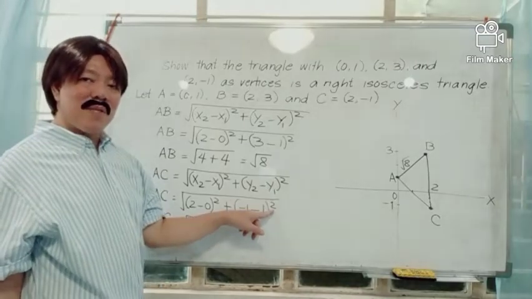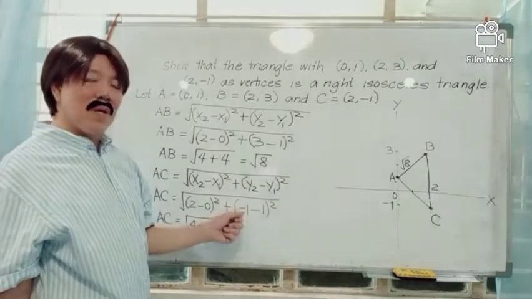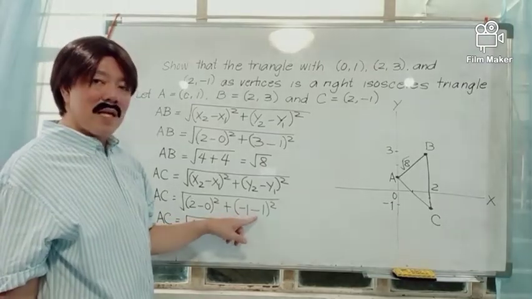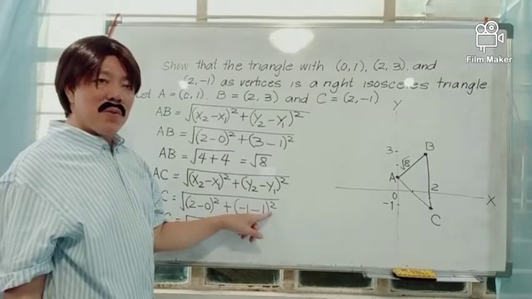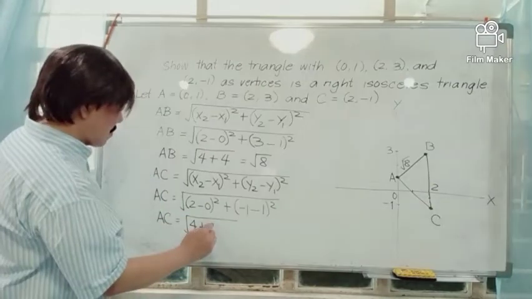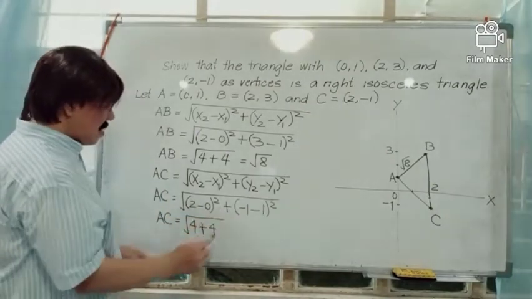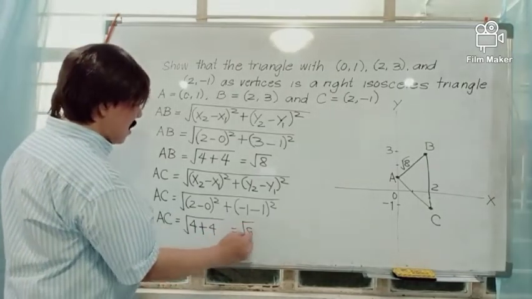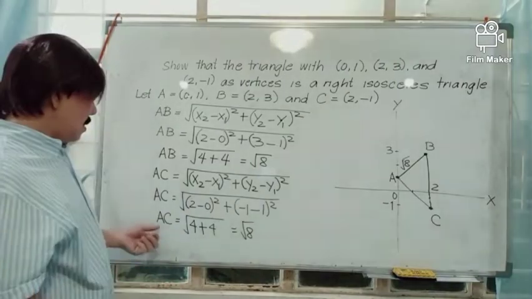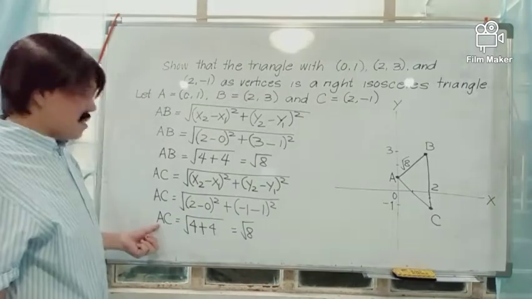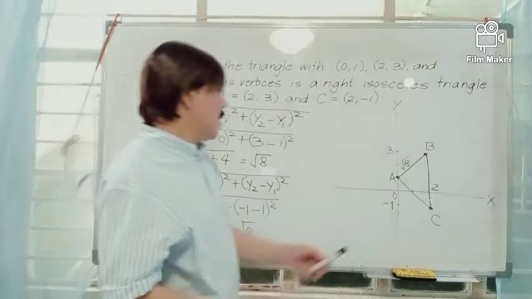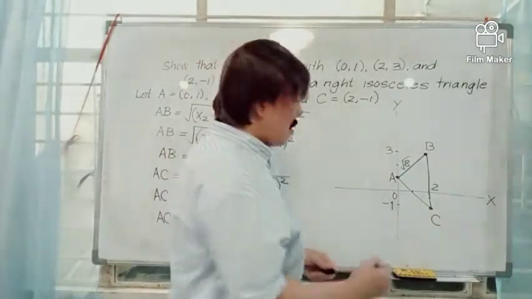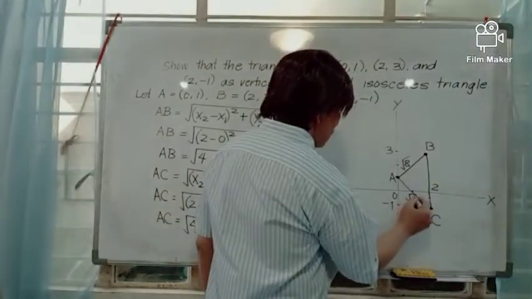The square of negative 2 is 4. And we get 4 plus 4 equals the root of 8. Hence, the length of the side through the vertices A and C is the root of 8.